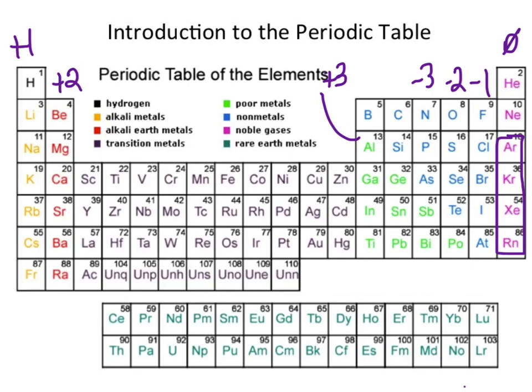Silver is always a +1. If you look at my periodic table over here that is hanging on the wall, you see that silver is under column 11. I always hide the first number, and that tells me it's a +1. Whereas zinc and cadmium are in column 12, I hide the number 1, and those two are always going to be +2.